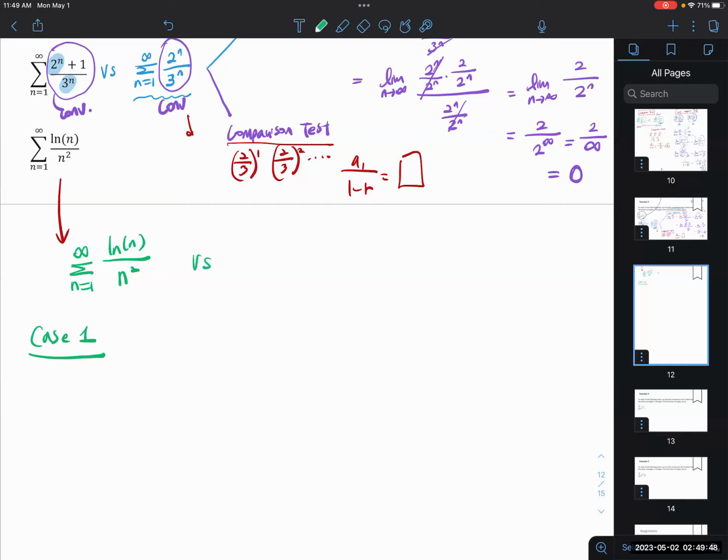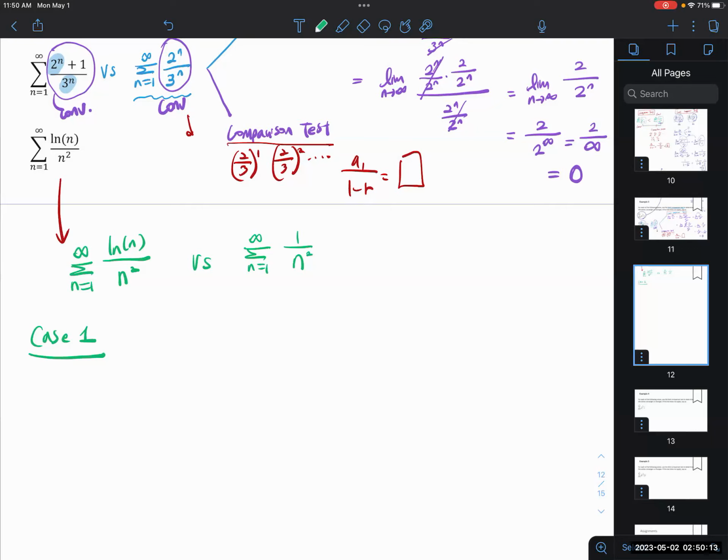You might be thinking 1 over n, right? Let's think about 1 over n to the second. Which one do you want to compare? 1 over n to the second? Yeah, let's do 1 over n to the second. So I can compare with that.